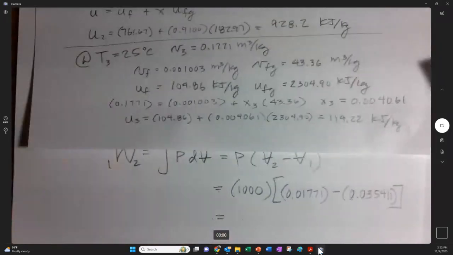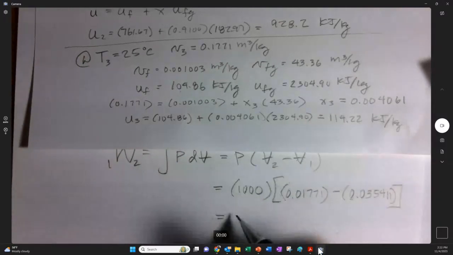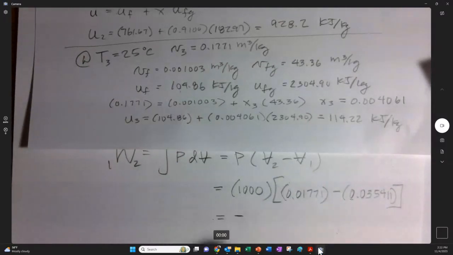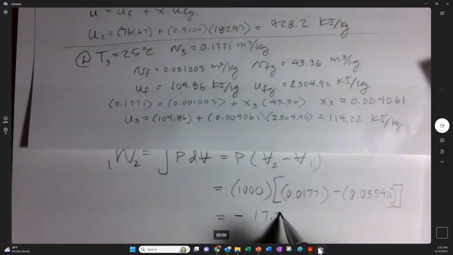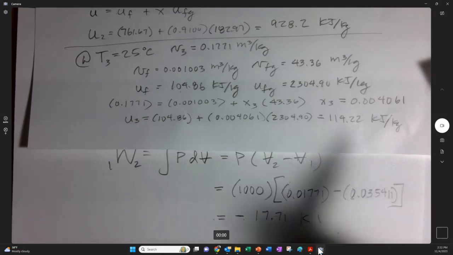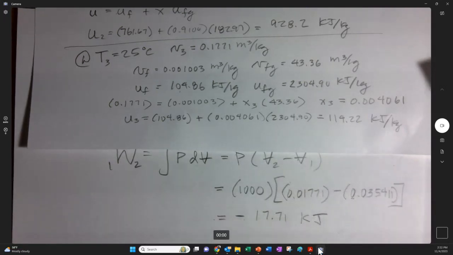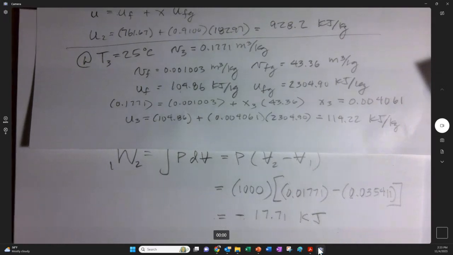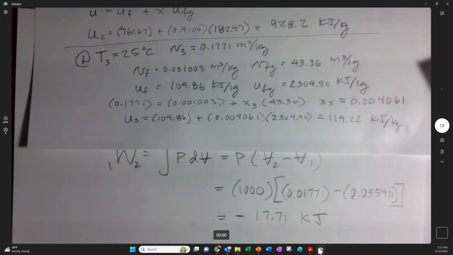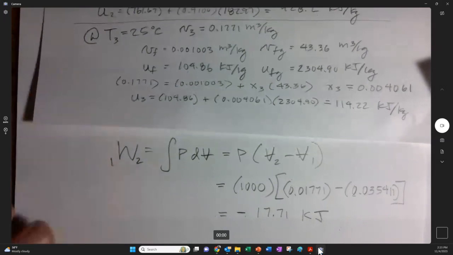I over-explained. But anyway, we're going to have a negative, and we're really just going to take 0.01771 and multiply by 1,000, basically. So we have negative 17.71 kilojoules.